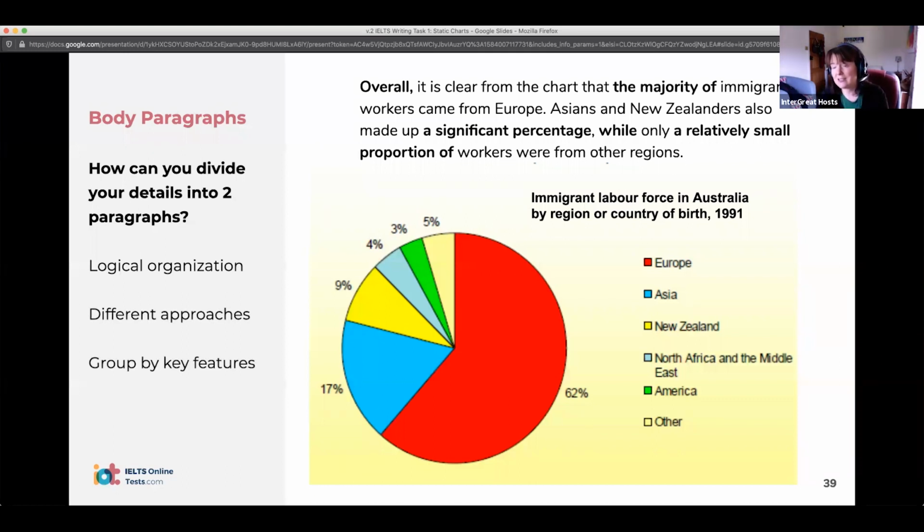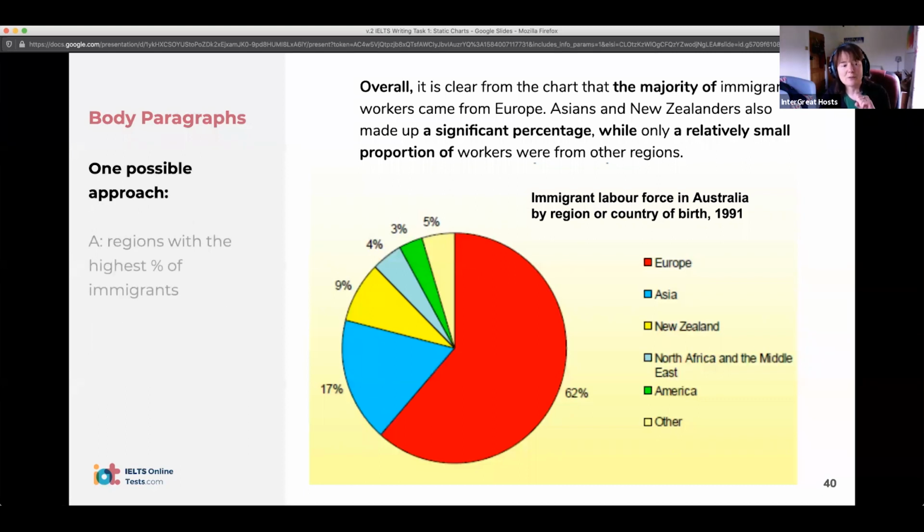And you decide what that is, and you group by some kind of feature, okay? So as we said, we could put the biggest numbers in 1 paragraph and the smallest numbers in the 2nd paragraph. That's how we've done it in our example. I think that's probably the most logical one.